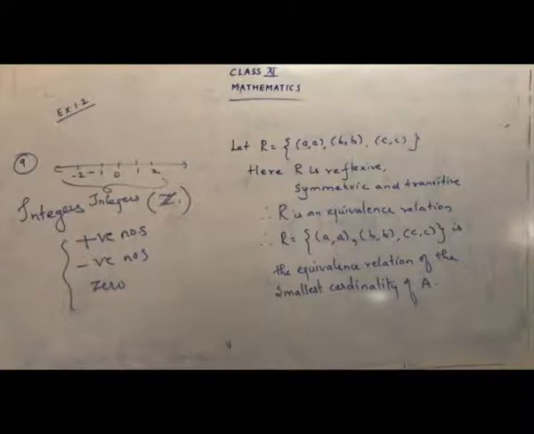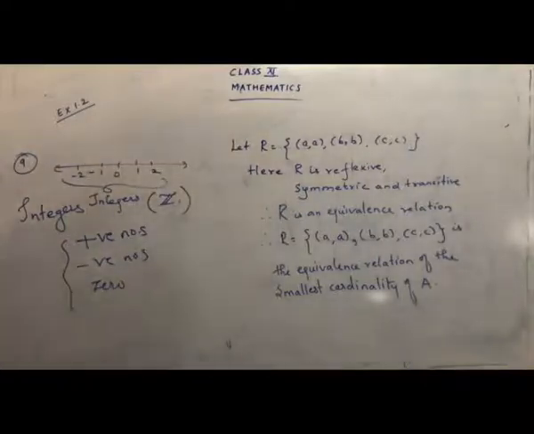So the relation is being defined on integers, and m is related to n if m minus n is divisible by 7. Prove that R is an equivalence relation. This means R is reflexive, R is symmetric, and also R is transitive.